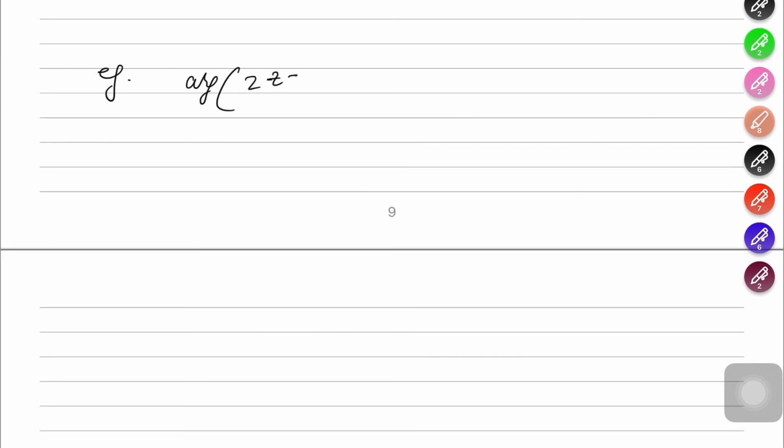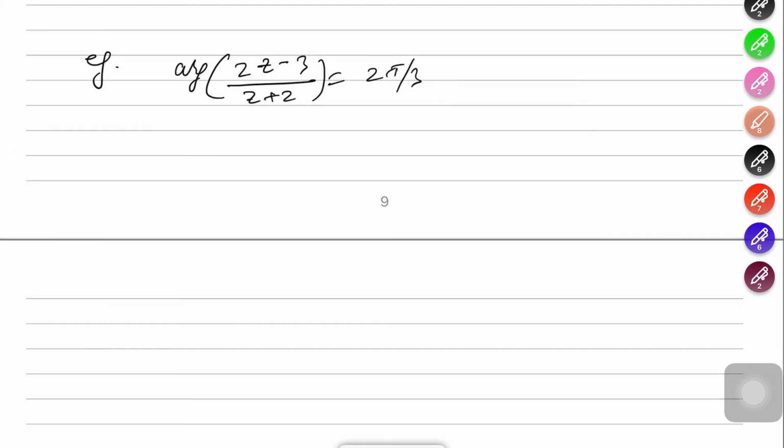Argument of (2z minus 3) upon (z plus 2) is equal to 2 pi by 3. Okay, again if we want to find any locus, make sure that the coefficient of z should be 1.